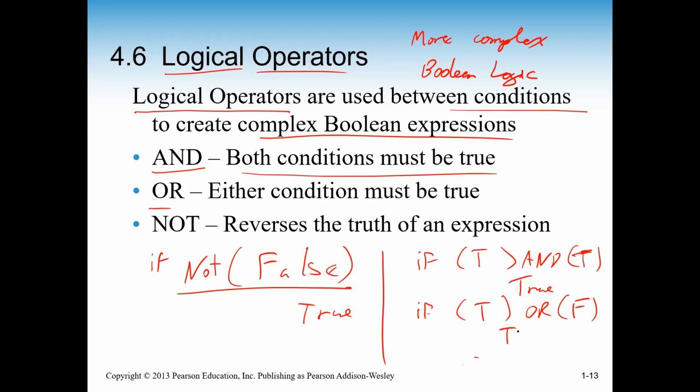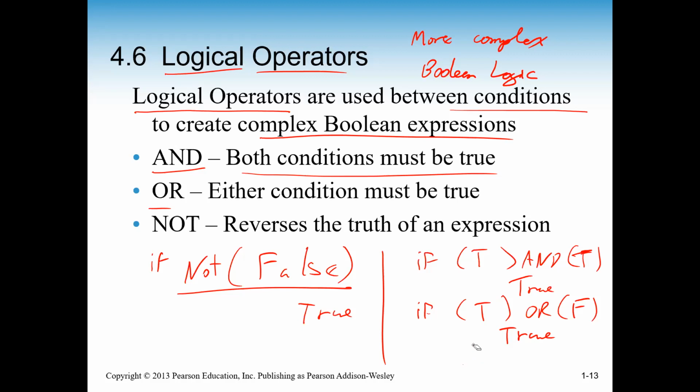If one is false, it doesn't matter as long as one of them is true, because you're going to say if it's raining or I have an umbrella, I will go out, right? So you're going to go outside if it's not raining or you have an umbrella.